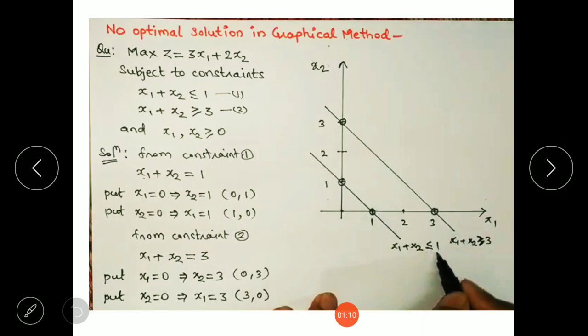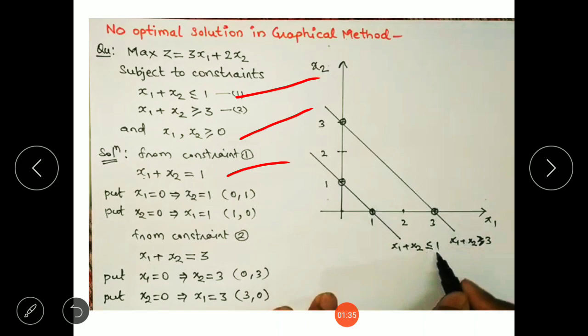Now for solving this linear programming problem using the graphical method, we'll convert the inequality constraint equations into equation form. We'll find the x1, x2 points for those equations, plot the lines and find the feasible region, same as we do in the graphical method.